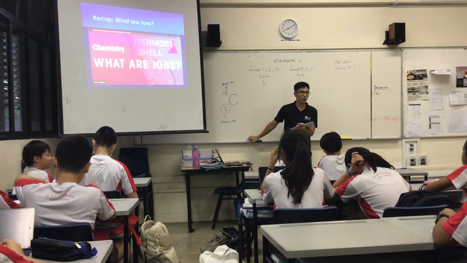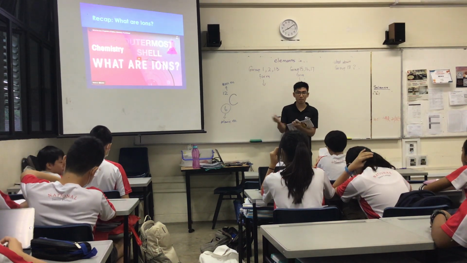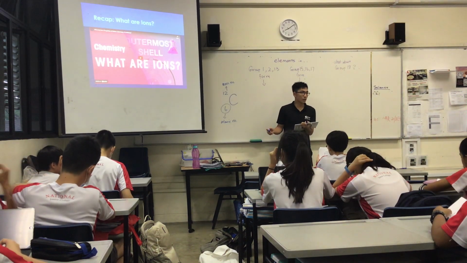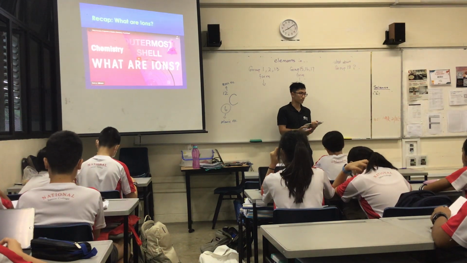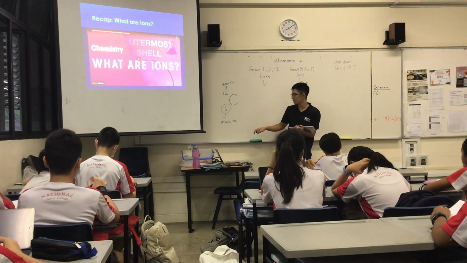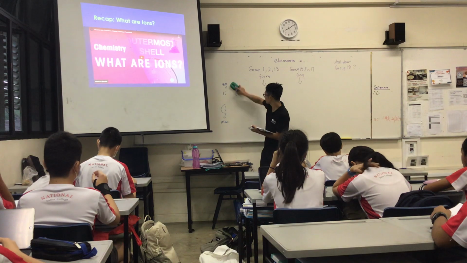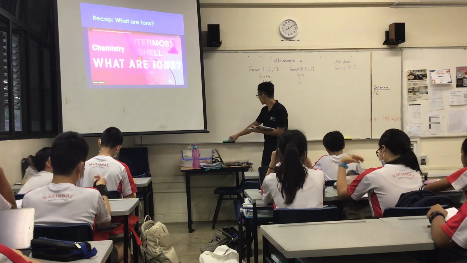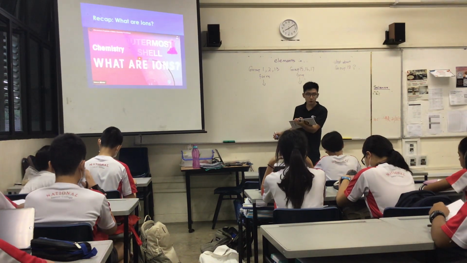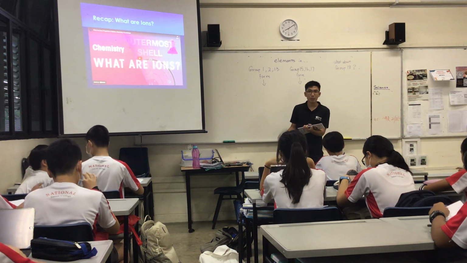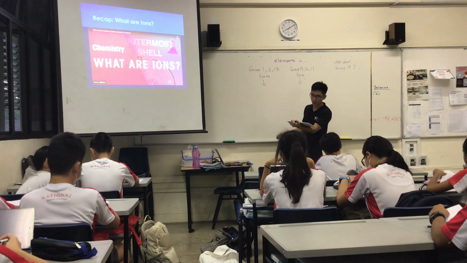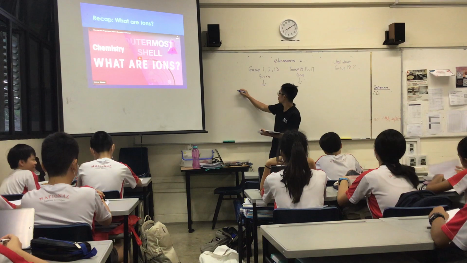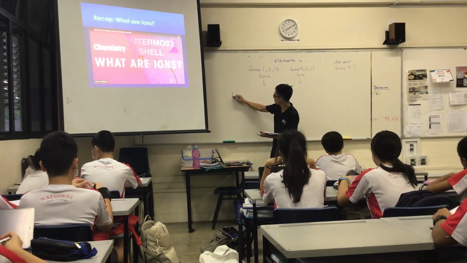Other than this, we've also learned how to express things in models as well as electronic configuration. So for example, let's do a quick test. I'm going to give you 3 elements. Everyone practice how to express it in electronic configuration. So I have one from group 1, sodium.